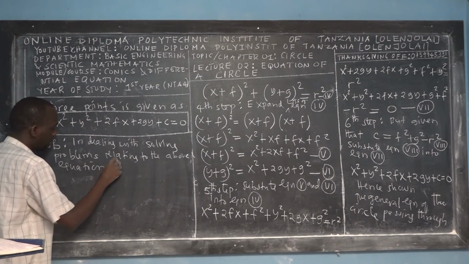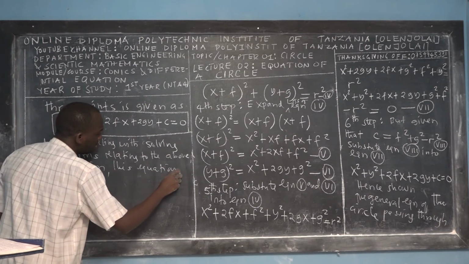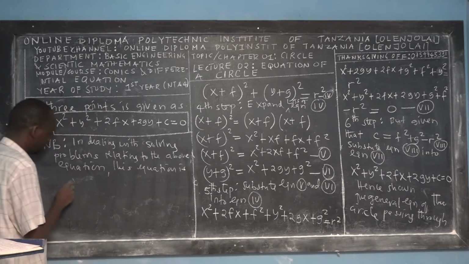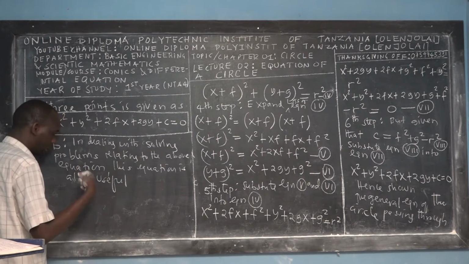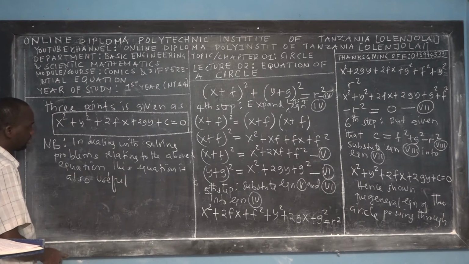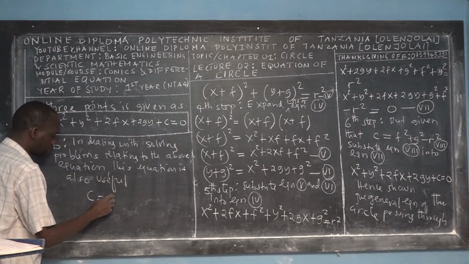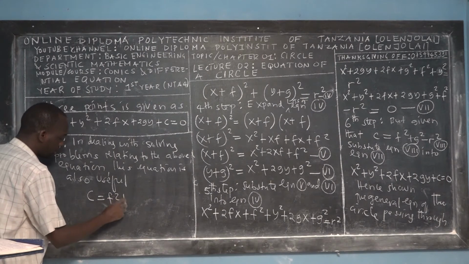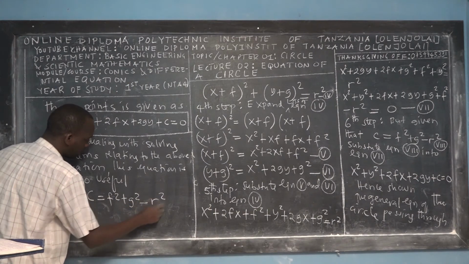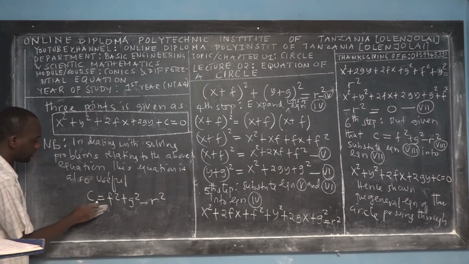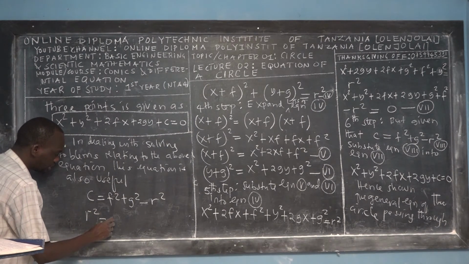this equation is also useful. You see the way I'm teaching you, I wrote this equation: c is equal to f squared plus g squared minus r squared. How is it useful? This equation will help you to get the radius of the circle.